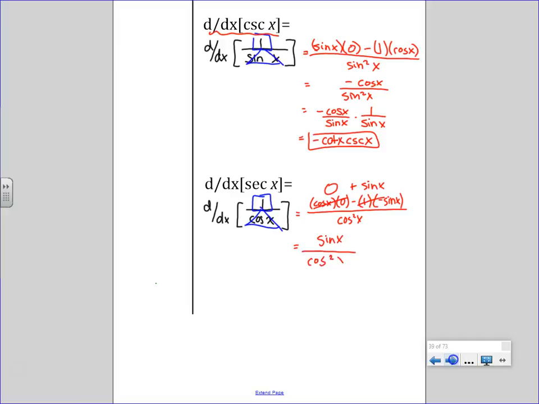Were you guys super spiffy and even made it look pretty? Bottom d top minus top d bottom, all over bottom squared. 0 times anything is 0. Minus a negative sine is plus sine. 0 plus sine is just sine. How did you rewrite it? Did you split up that cosine squared?